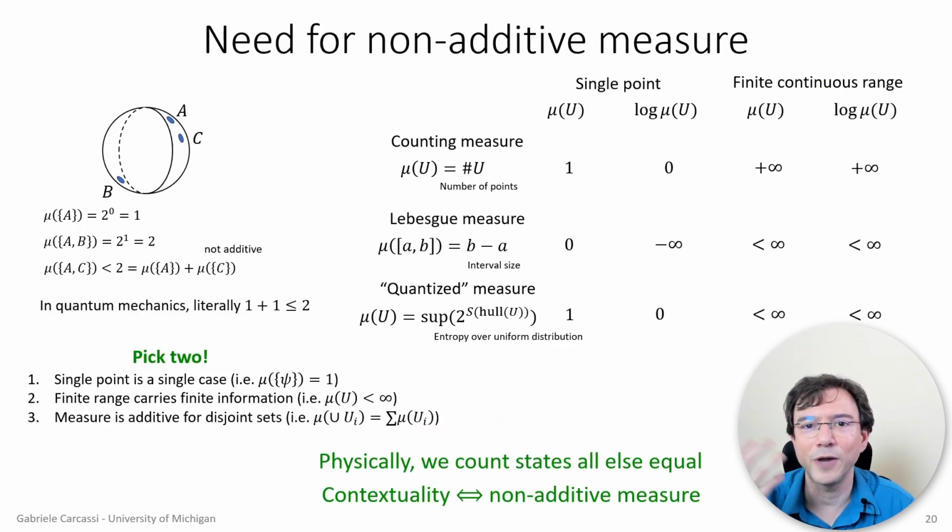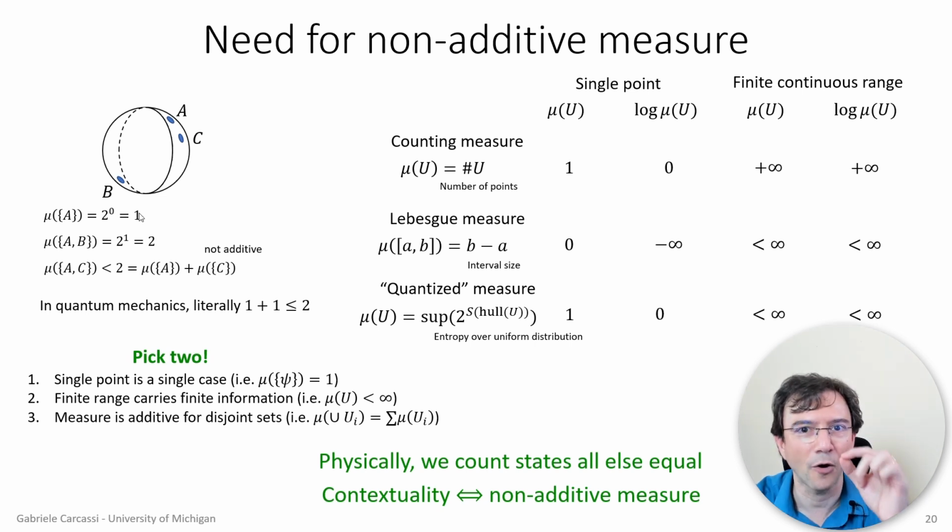And one of the ways that we can see that we need this non-additive measure for this count of states is by, again, looking at the Bloch ball. What's going to happen is that if you have one point, one pure state, then the measure for a set of one state is 1, because the entropy for a pure state is 0, so 2 to the 0 is 1.